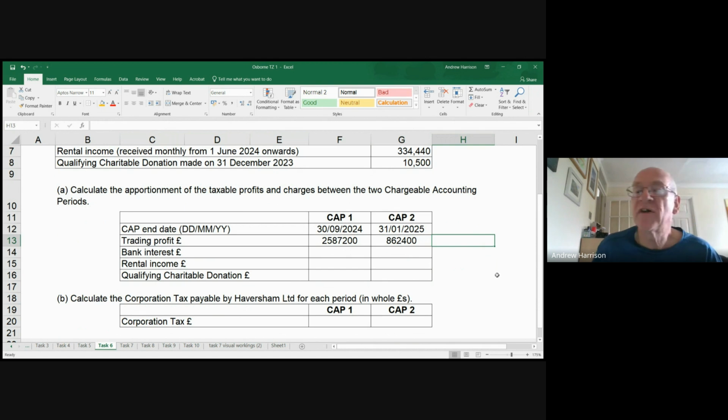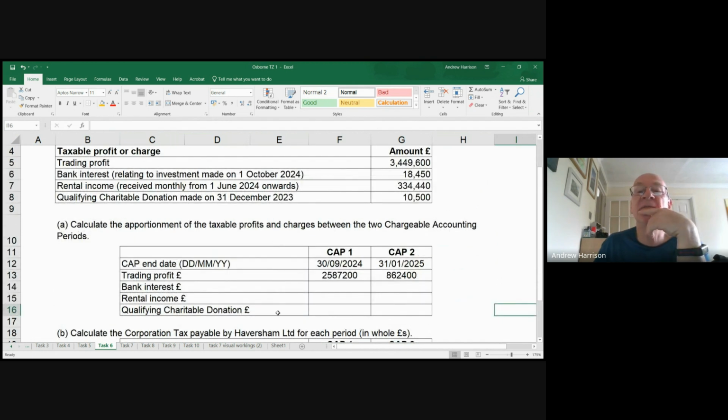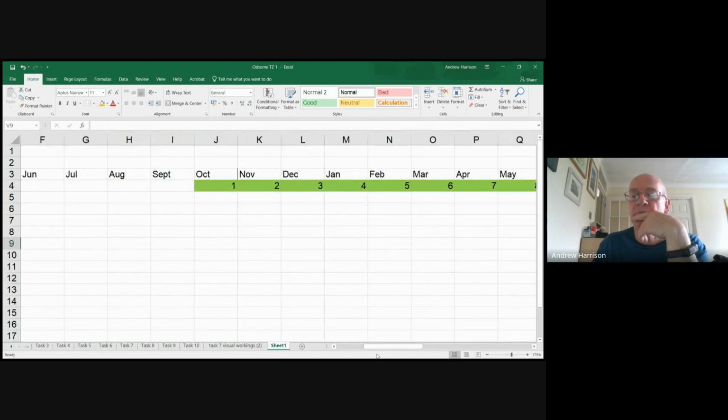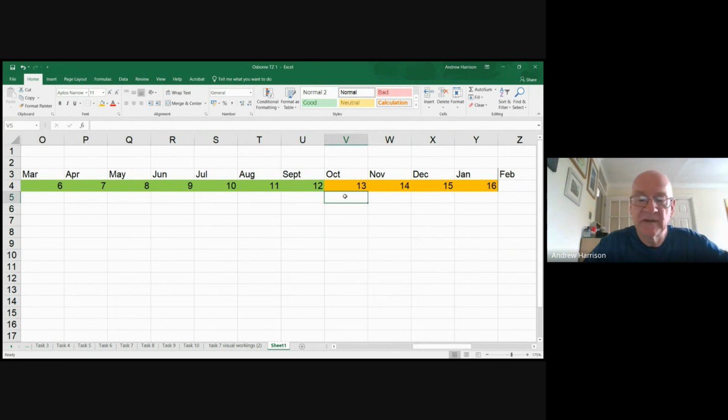So bank interest is accrued. There's going to be something on bank interest, 18,450, but the investment was made on the 1st of October 24. So that was the investment.